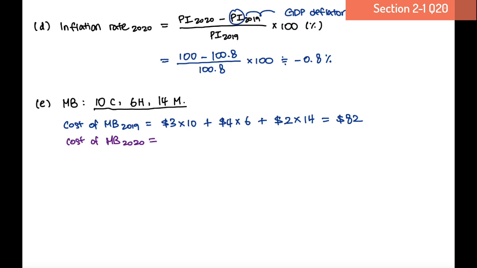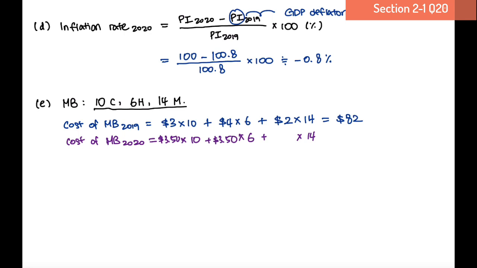We'll do the same exercise for year 2020, and the market basket is still the same. We still want to consume 10 candles, 6 hot dogs, and 14 tins of mints. What has changed is the price of these goods. Candles are now $3.50. Hot dogs are $3.50.